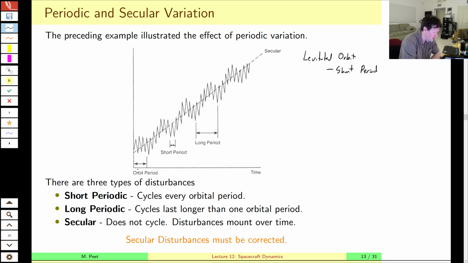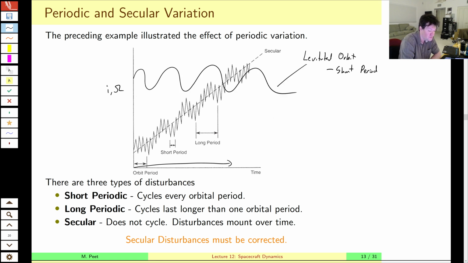If we look at the orbital elements over time, say in particular i and omega, and we integrated those, what we saw is that they look sinusoidal.